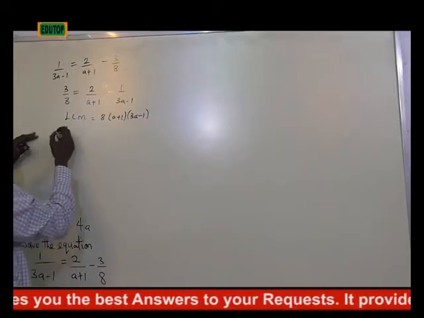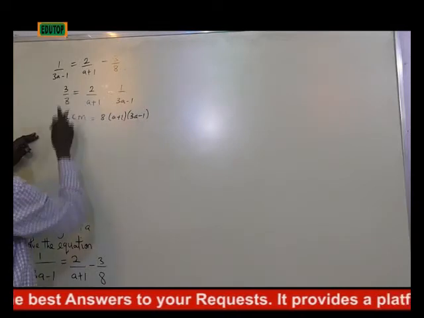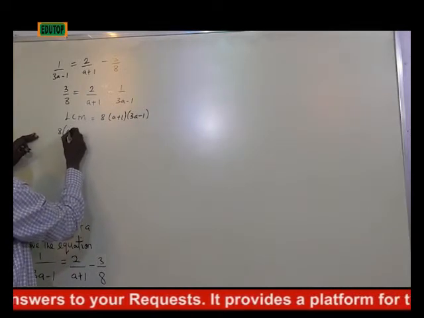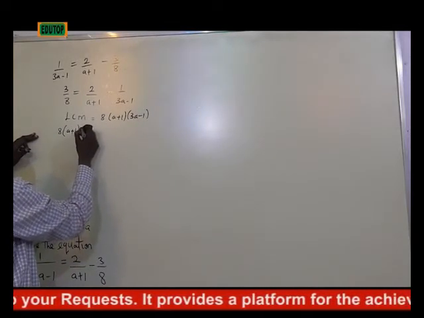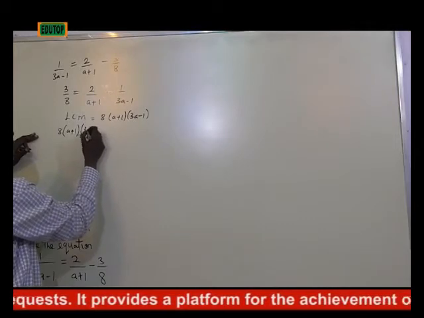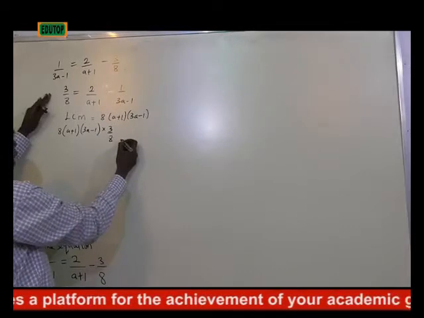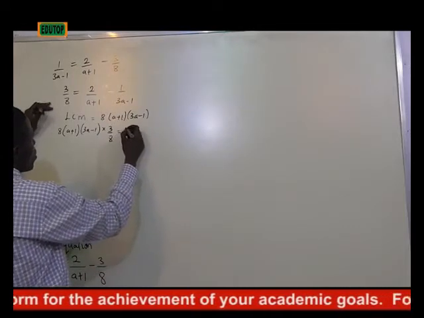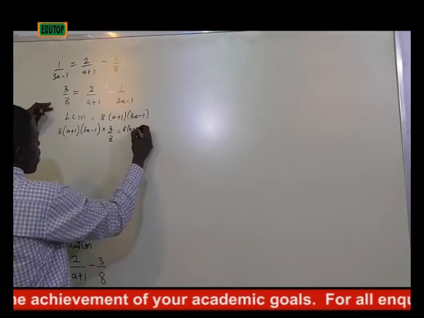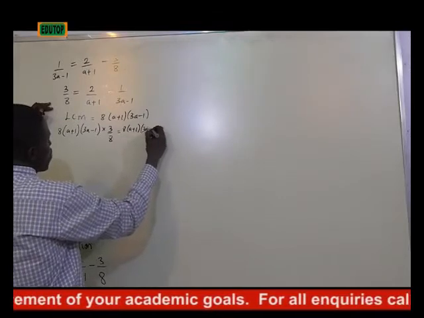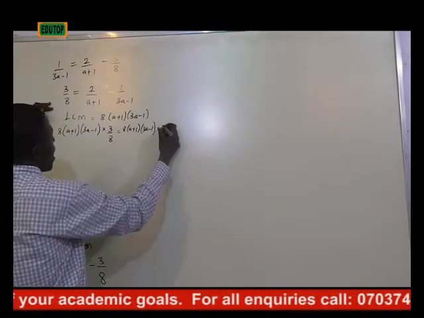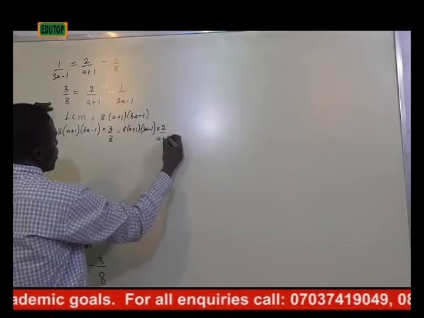So I'll come here and say this times this. I'll have 8 into a plus 1, 3a minus 1 multiplied by 3 over 8 on this side, equal to 8 into a plus 1, 3a minus 1, I multiply by 2 over a plus 1 on this side.